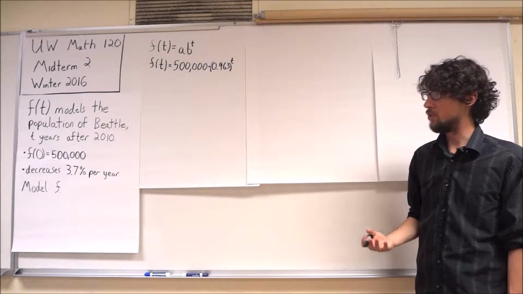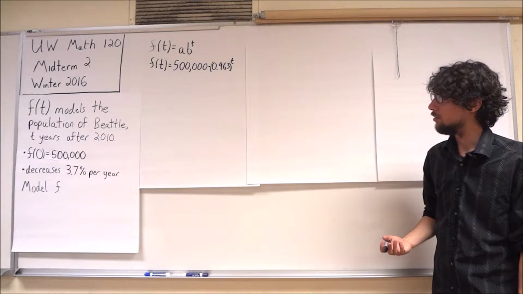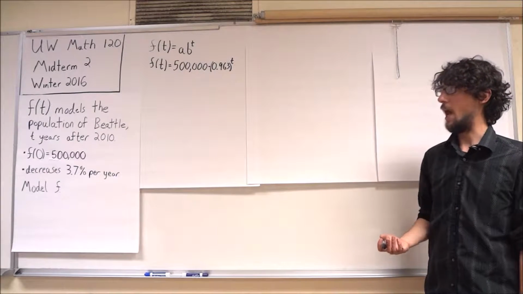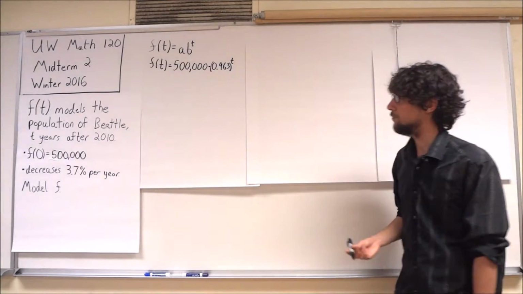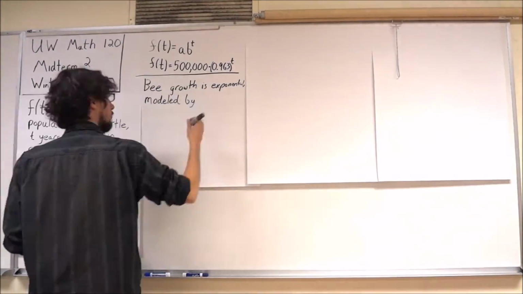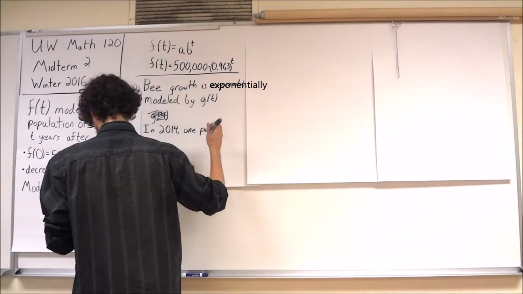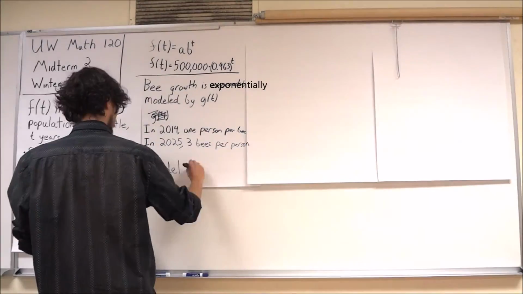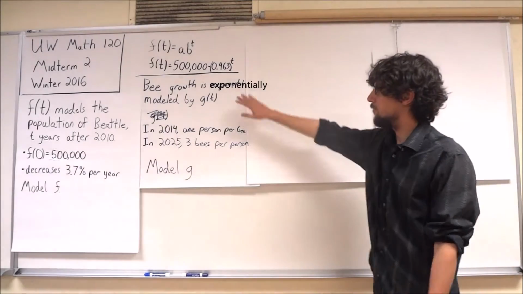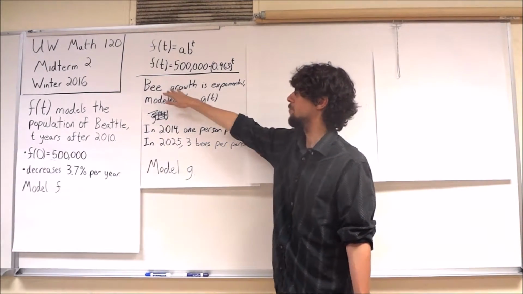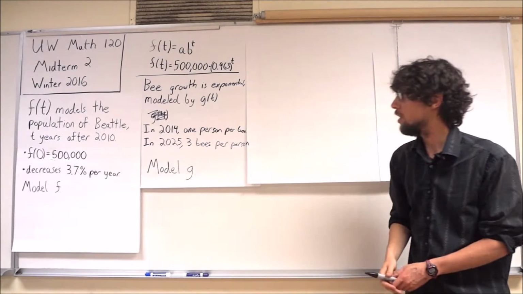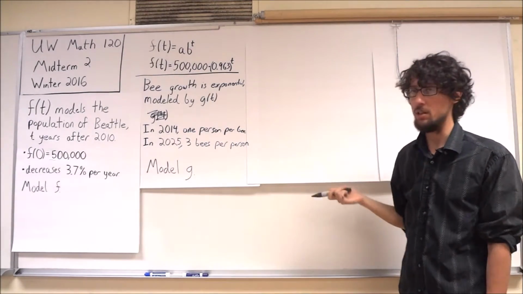So the rest of this question asks us to consider bees in Seattle and the relationship between the numbers of bees and the number of people. Okay, so we have this information about the bee population. We have that the population of bees is growing exponentially, and it's modeled by g of t.